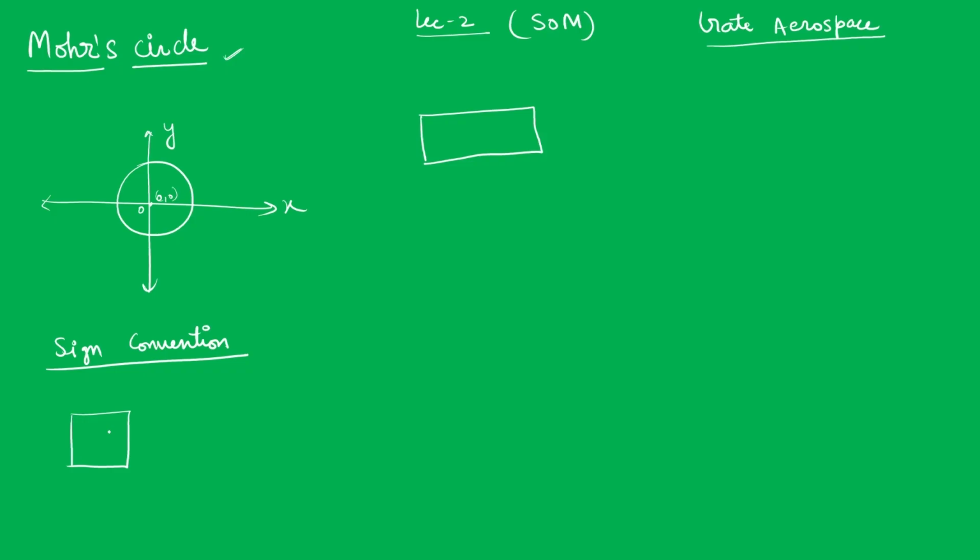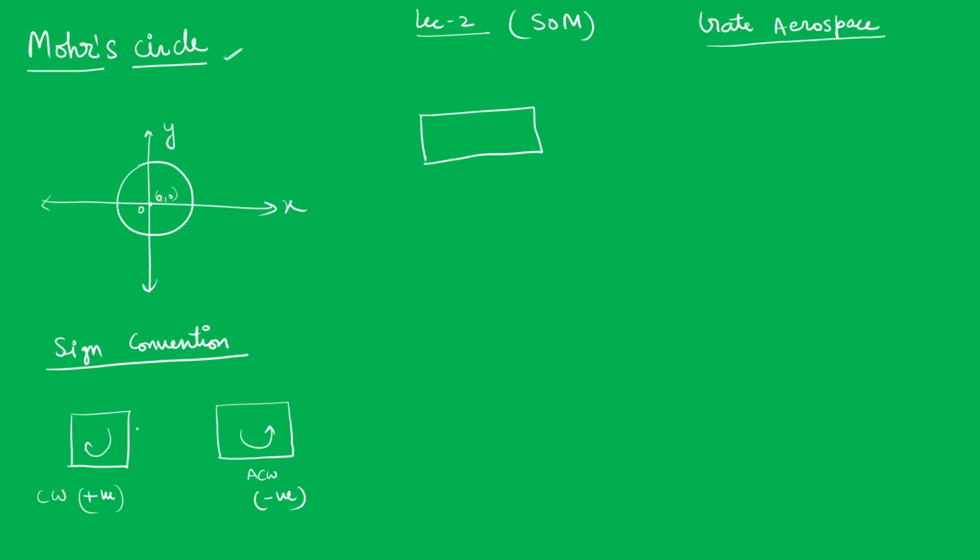If it is in the clockwise direction, so let's say if it is in this direction, then that will be positive, and if it is in the anti-clockwise direction, then that will be negative. This is the clockwise direction.